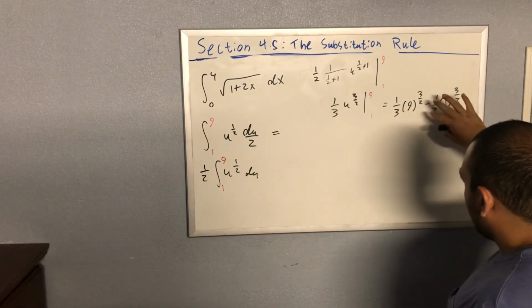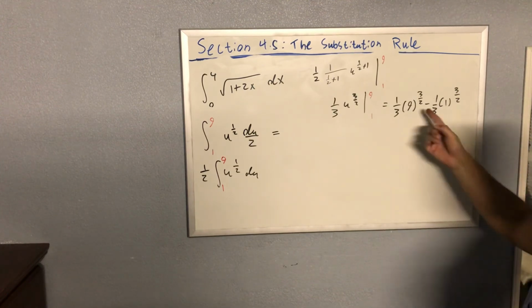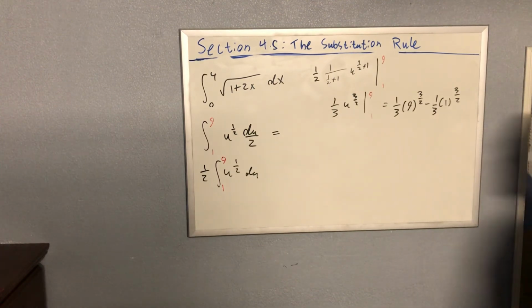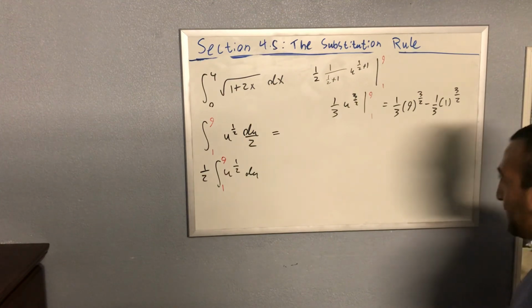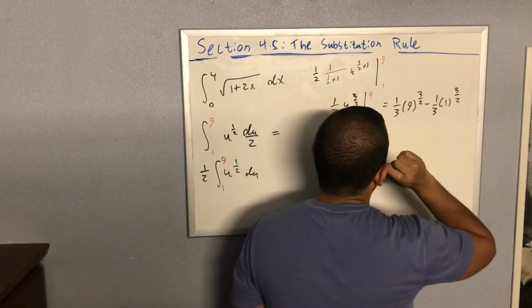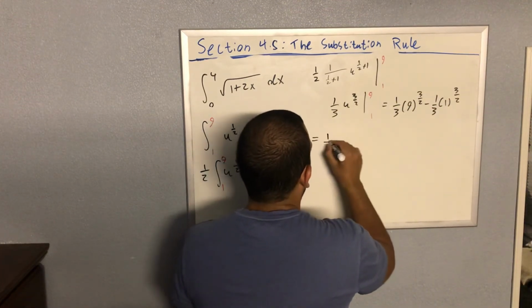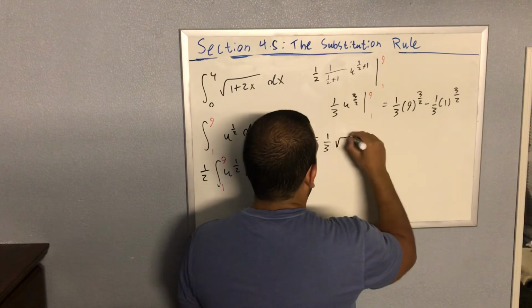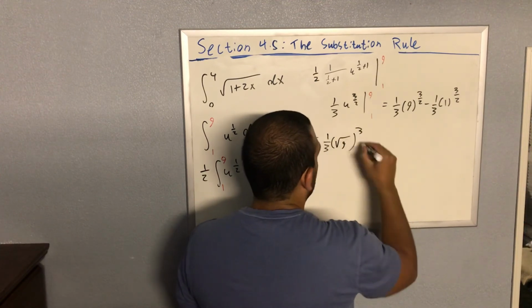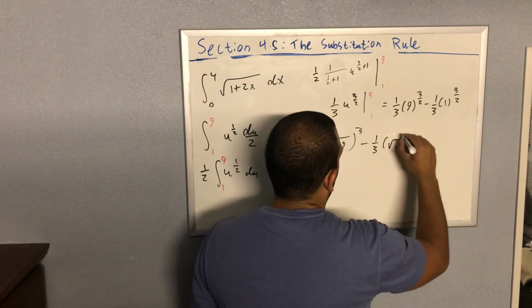So whenever the dust clears, what is 3/2? How do you find something to the 3/2? Remember, this means take the square root of this number and then cube it. So this is 1/3 square root of 9 cubed minus 1/3 square root of 1 cubed.